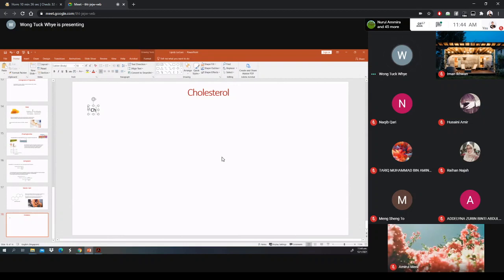Okay, for the next thing that we want to go through, I believe that some of you guys take this thing as your assignment. So it's very basic for this. Okay. We have something related to cholesterol measurement in the final exam.